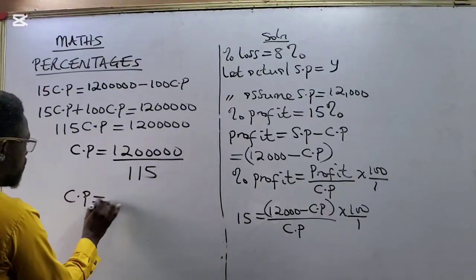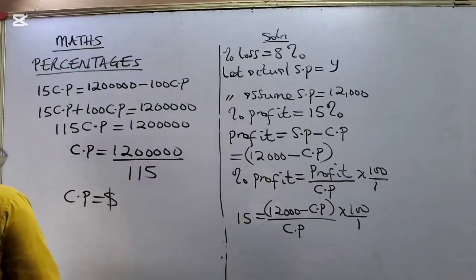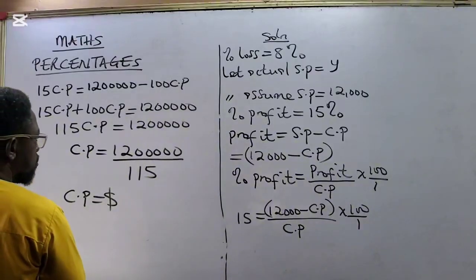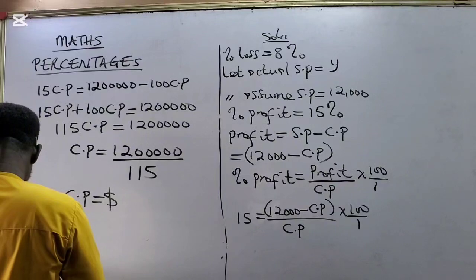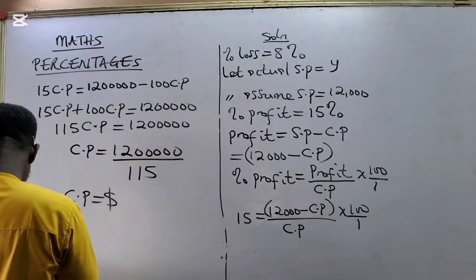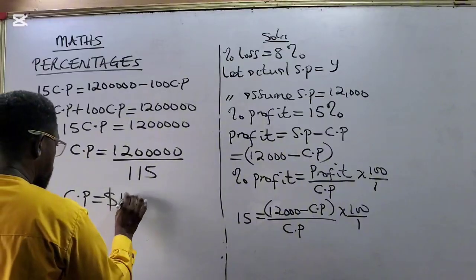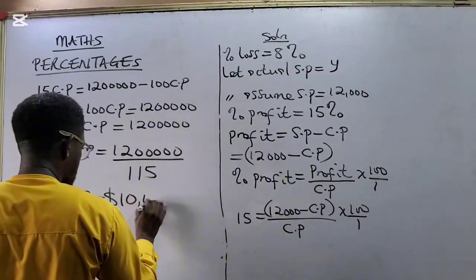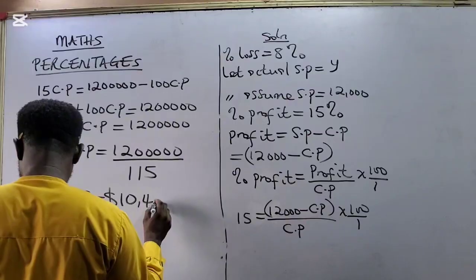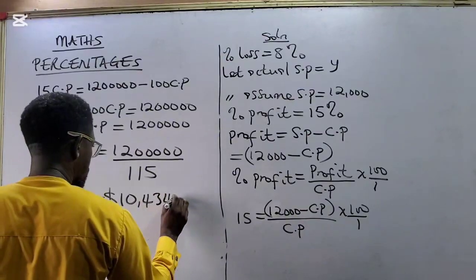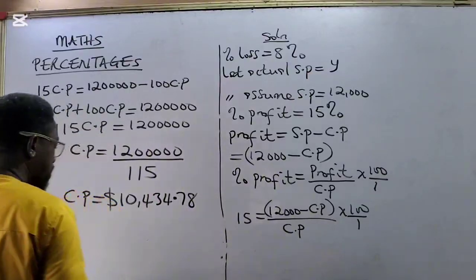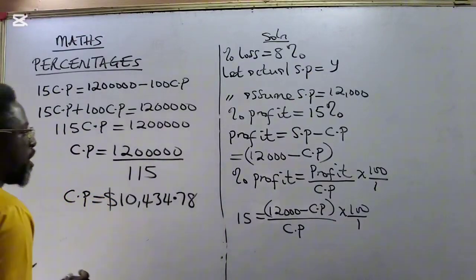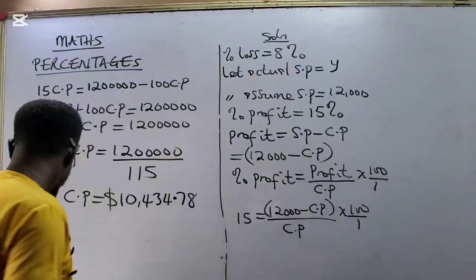When you divide this, you should get 10,434.78. That's the cost price. You can actually divide that using your calculator.